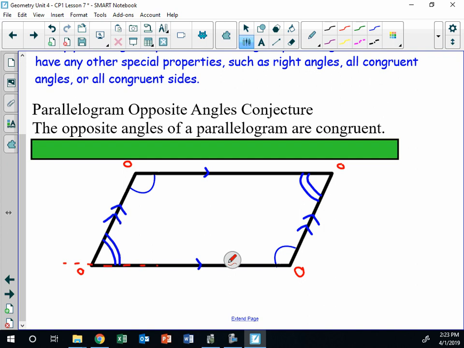If we look at this picture, we have two sets of parallel lines. If we look at our first set of parallel lines cut through by a transversal, we know that there are only two possible options for the angle measures in this entire picture.